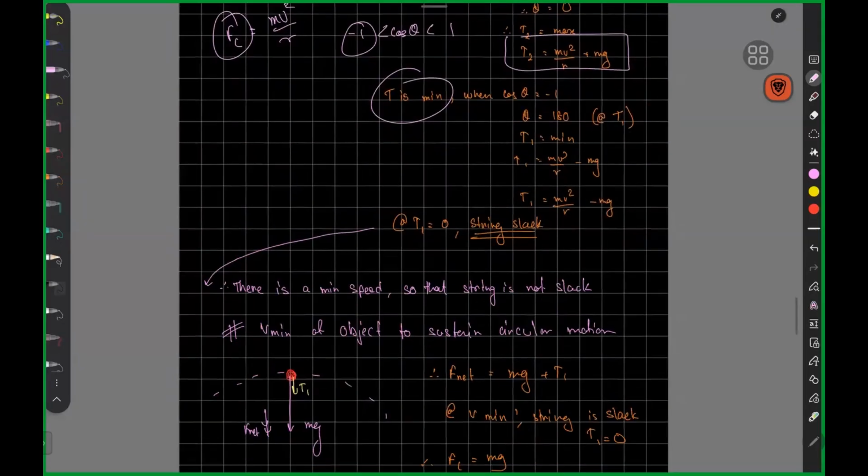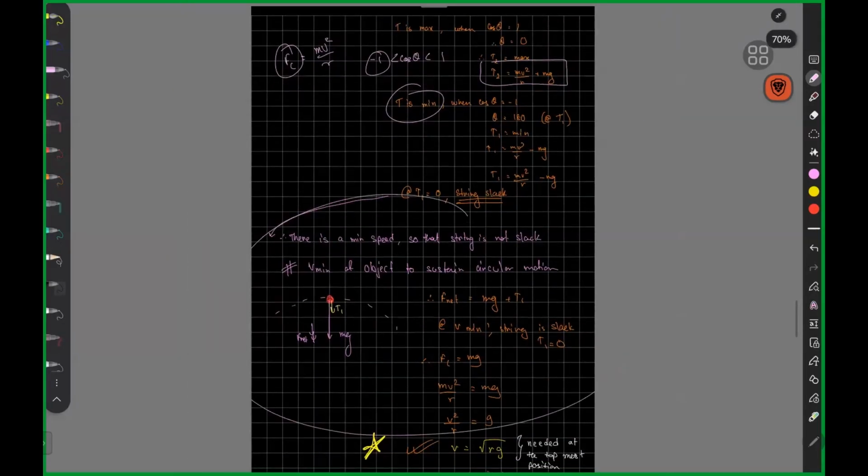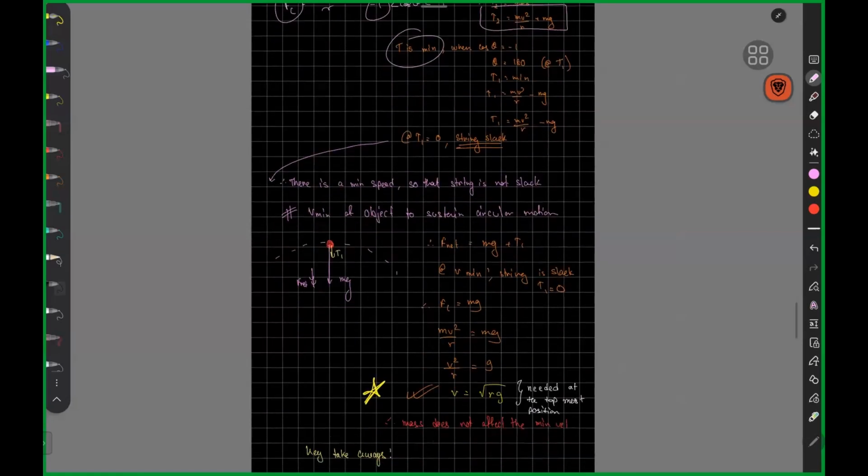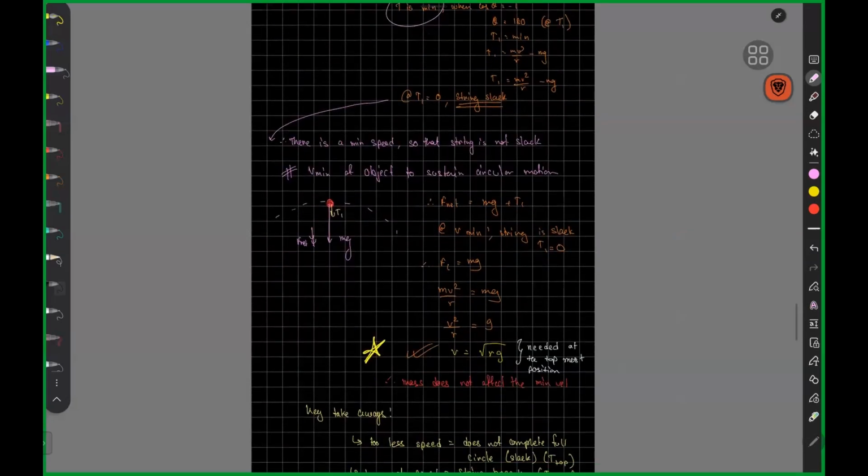I will show you this part, where the proof of minimum velocity comes in. Whenever you have the tension varying around, that is going to cause the velocity to be different, or vice versa. If my velocity is changing all around, my tension is going to change, and if my tension is changing all around, my velocity will change.